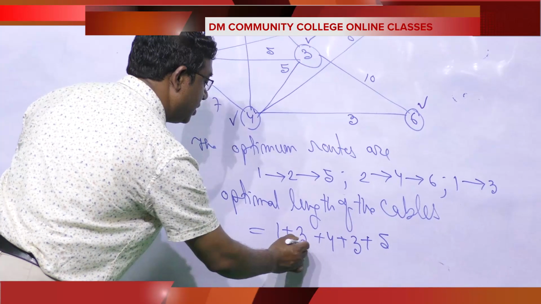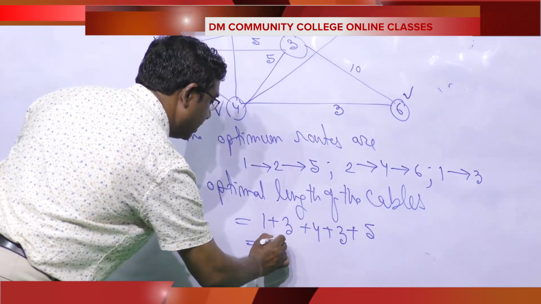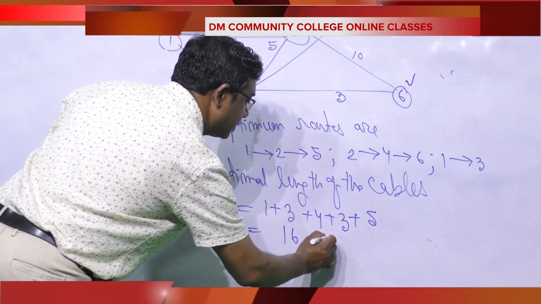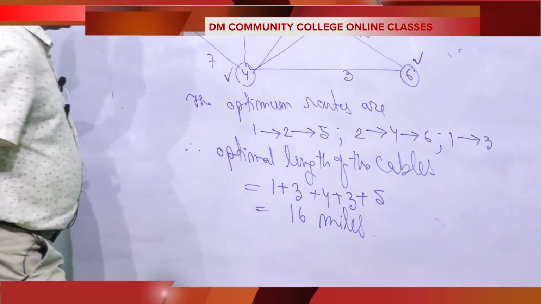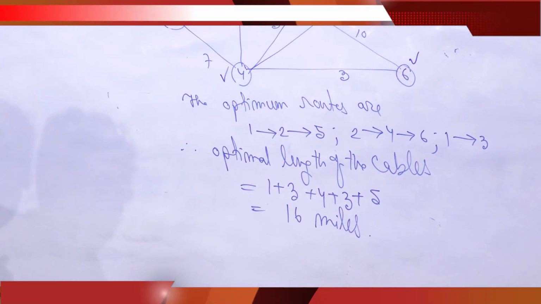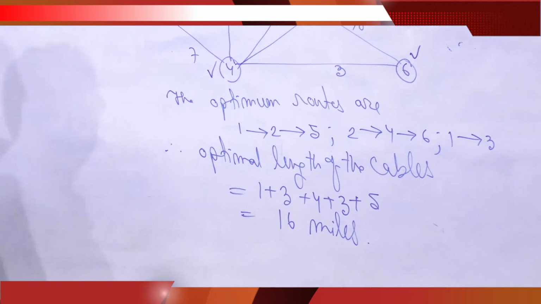So it becomes 4, 8, 11, 16 miles. So this is the optimum length of the cables.